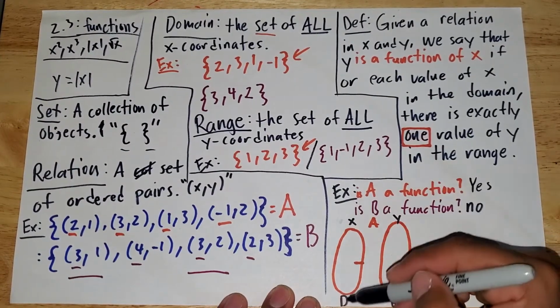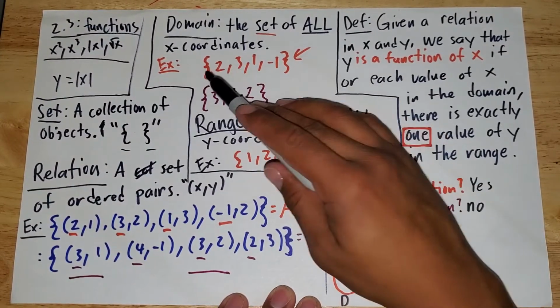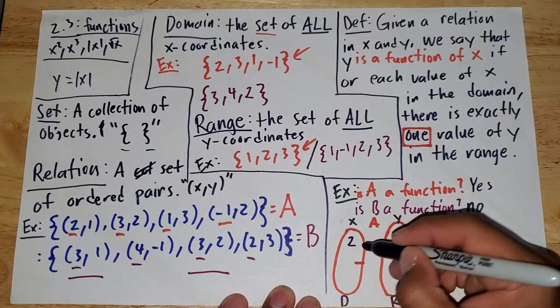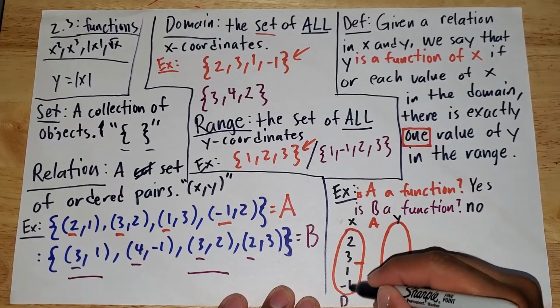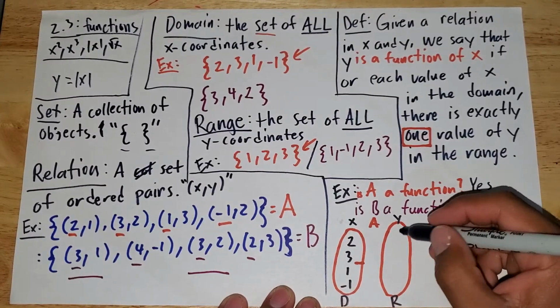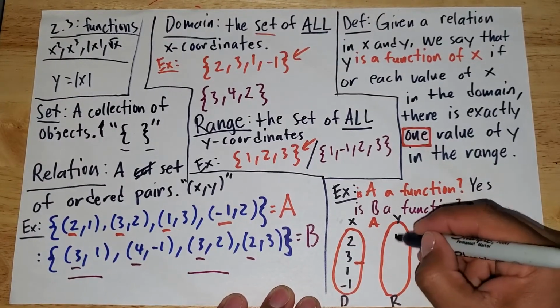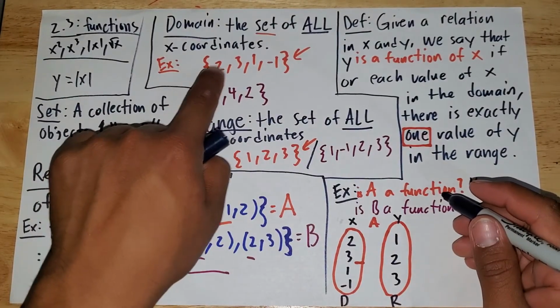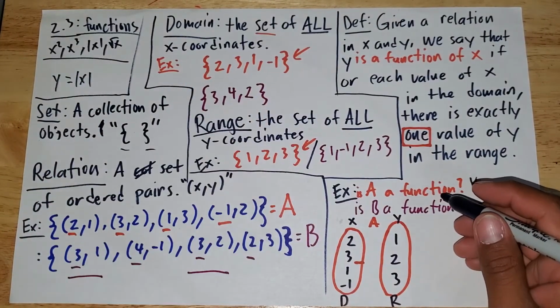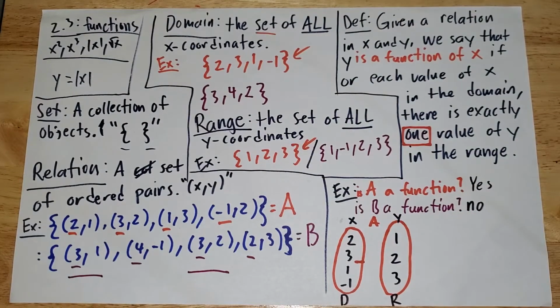And we know, remember, the domain of A, we have it up here. It was 2, 3, 1, and -1. And for y, we had 1, 2, and 3. So again, I'm just using these. But we have to see.